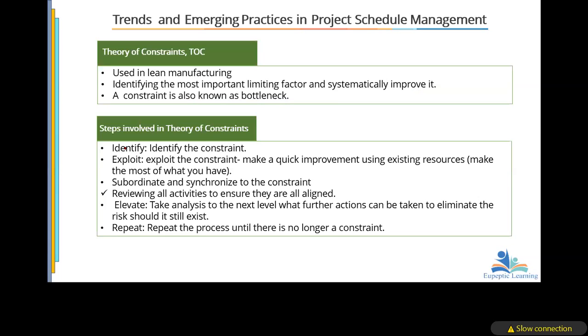Okay. So what are the steps involved in here? First of all, we need to identify what the constraint is. If you don't know the problem, you cannot solve it, right? So once we've identified the constraint, then we need to exploit the constraint. In other words, make the most of what you have.